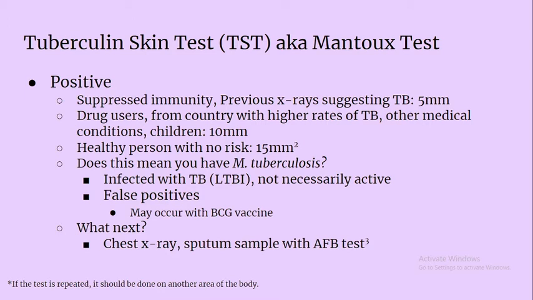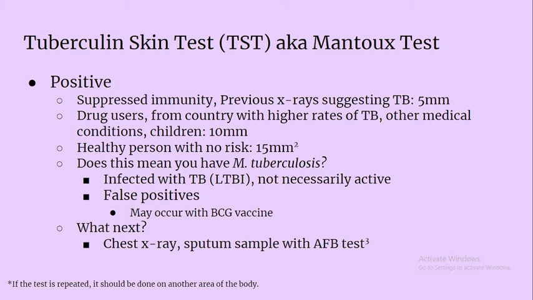But only 5 millimeters is needed for someone that has suppressed immunity, or someone who has already had previous x-rays that suggest TB, because their immune systems are compromised. So the site of the induration is not attacked as fast as in someone without health risk. So 5 millimeters might be all there is, if that makes sense.